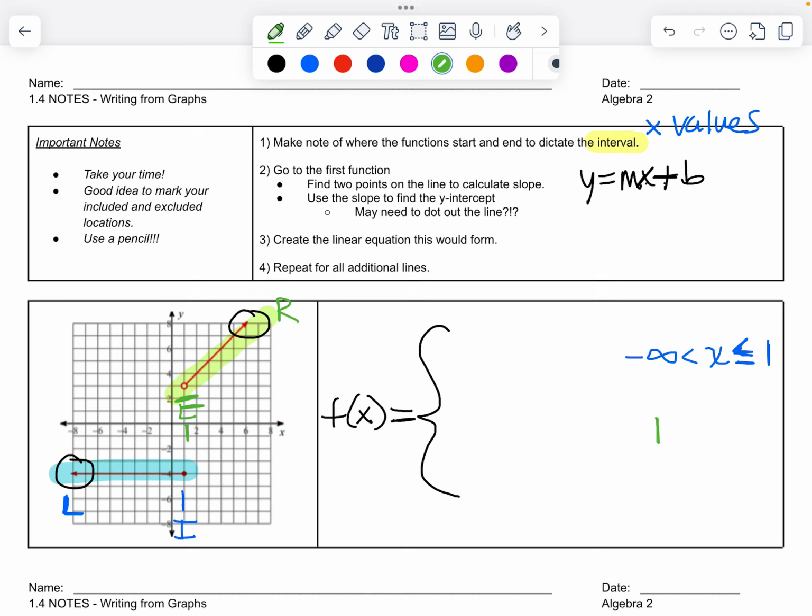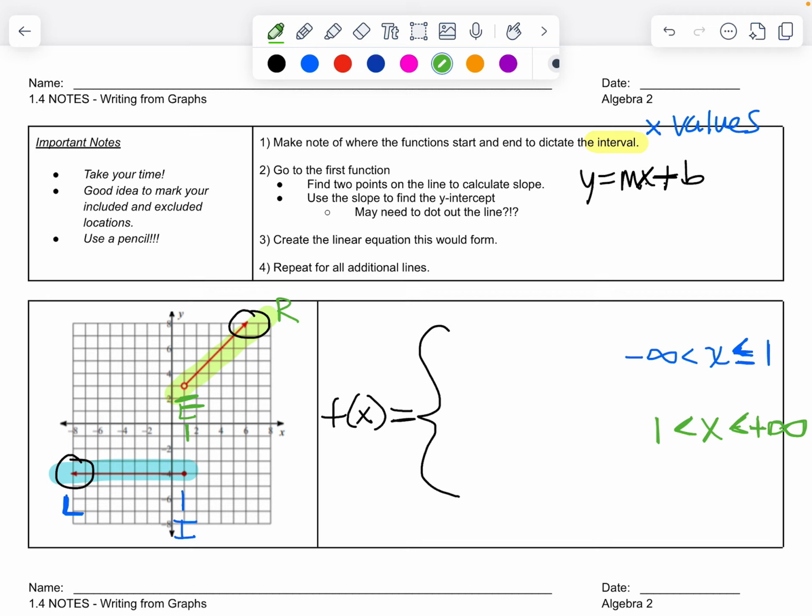Since it's an excluded point, I'm going to go ahead and put an arrow without a line. We're talking about x values since we're talking about intervals, and I am traveling all the way to positive infinity. So that is a way to write out that I'm starting at 1, not quite going to be at 1, and I'm traveling all the way to positive infinity.